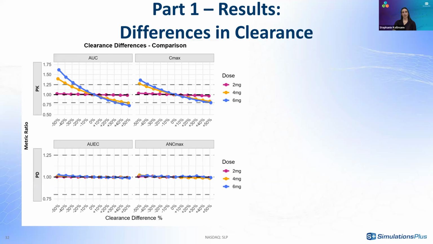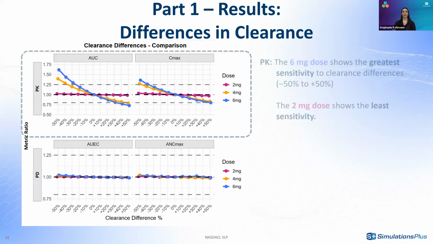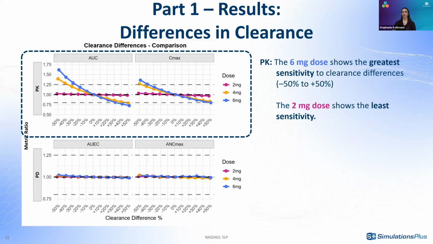So when we look at clearance differences, the picture starts to change. Here, the 6 milligram dose clearly shows the greatest sensitivity to clearance variations, while the 2 milligram dose is much less responsive. So at this low dose, plasma concentrations are low, and the drug is primarily eliminated through the nonlinear target-mediated clearance pathway.